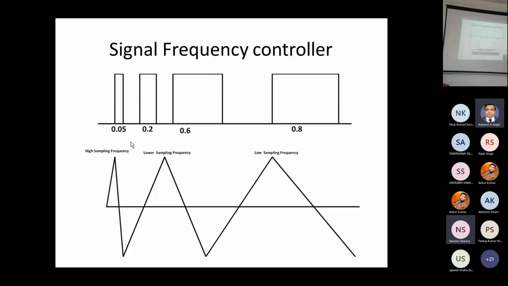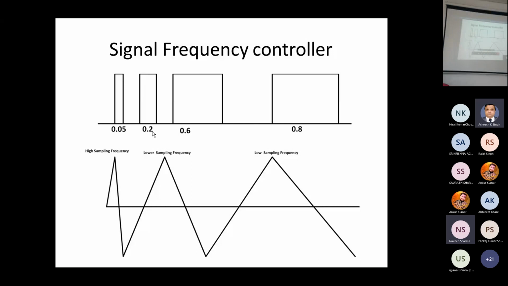Suppose we have 5 kilohertz and a 0.05 duty cycle, then the pulse time will be 0.05 of 1 upon 5000. So this time is for this one pulse, and at least two samples should be there as per the sampling theorem.